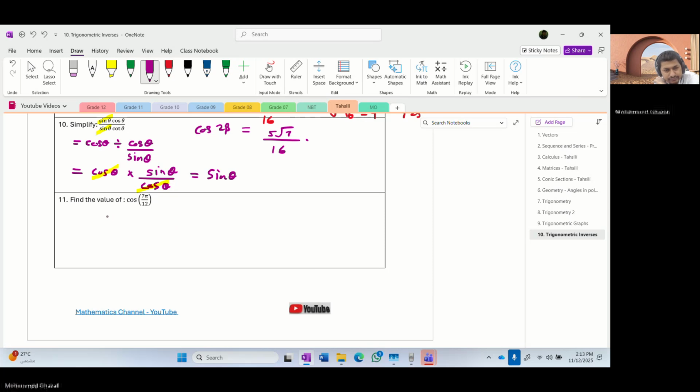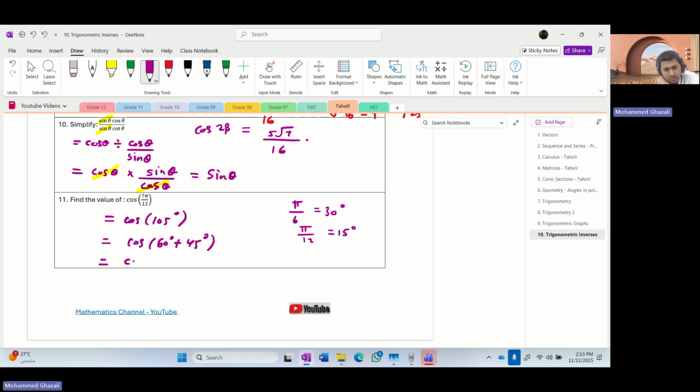Question 11. We know pi by 6 is 30 degrees. So obviously pi by 12 is 15 degrees because we're halving both sides. So what is 7 times 15? 7 times 15 is cos 105. It's better to work in degrees. So that's going to be cos of 60 plus 45. Using the sum of angles formula, cos 60 cos 45 minus sine 60 sine 45.